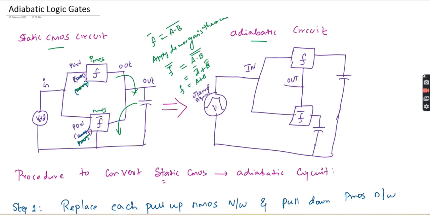Let us see how to convert the static CMOS circuit to the adiabatic circuit. Now look at the static CMOS circuit.